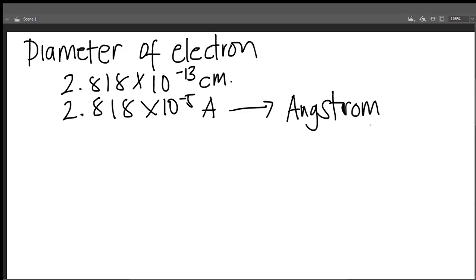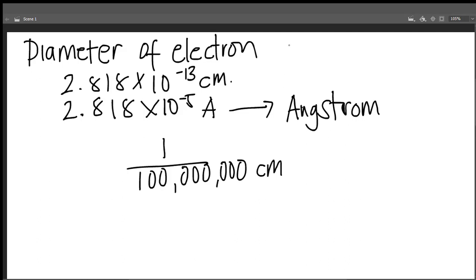Okay, this is a very small unit, which is equal to one hundred millionth of a centimeter. Okay, that's a very small unit. So let us move.